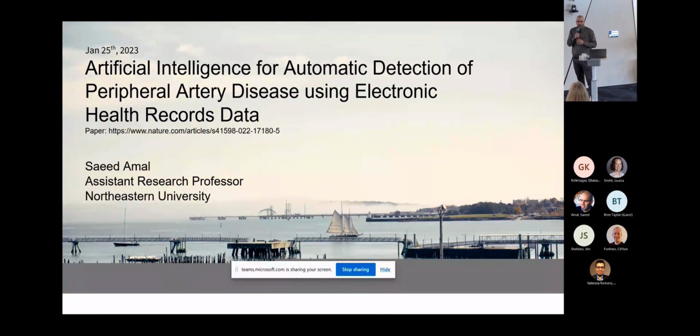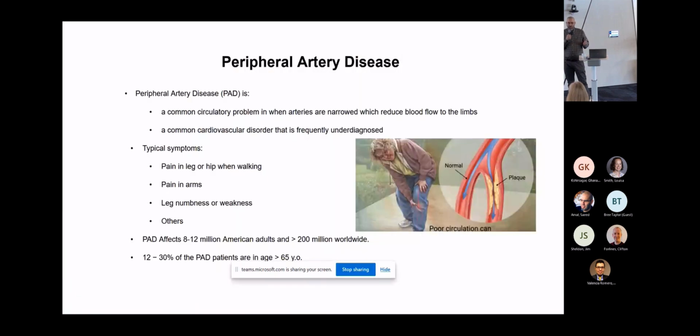So a little bit about peripheral artery disease. It's a common circulatory problem where the arteries to the limbs are narrowed and the blood flow is reduced. It's also a common cardiovascular disorder that is frequently undiagnosed.